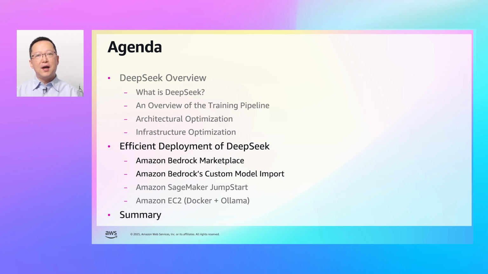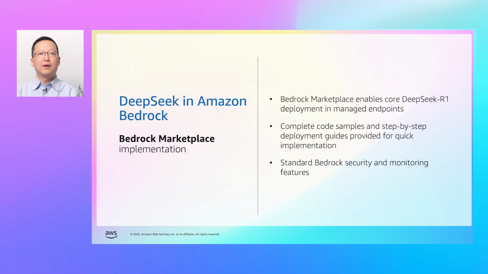First, I will introduce 2 methods of deploying DeepSeek models on Amazon Bedrock. In my opinion, the easiest way to deploy DeepSeek R1 model on AWS is through the Amazon Bedrock Marketplace.